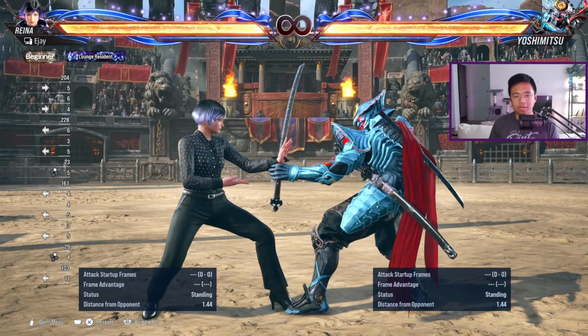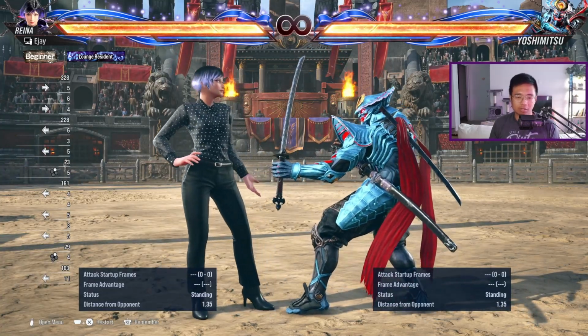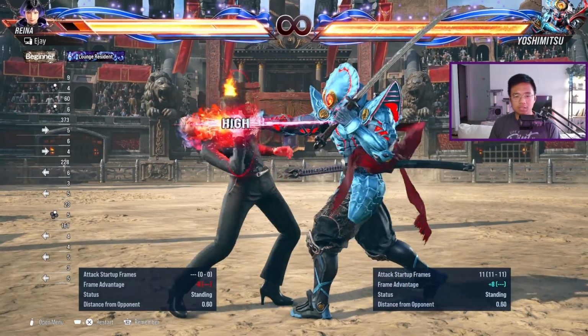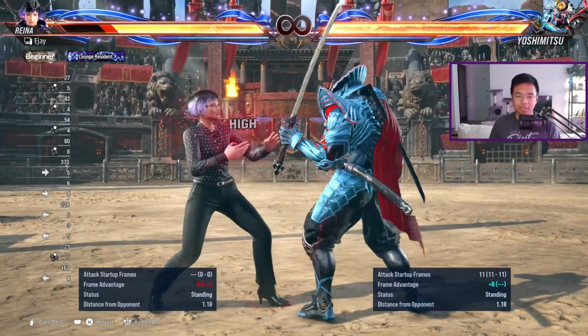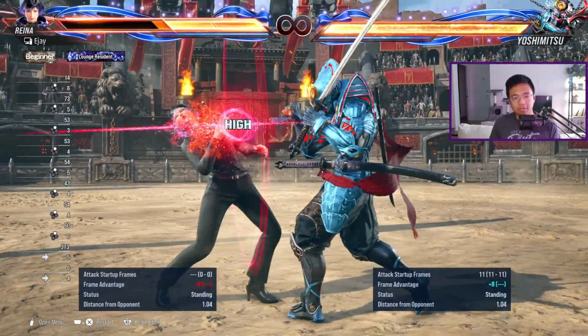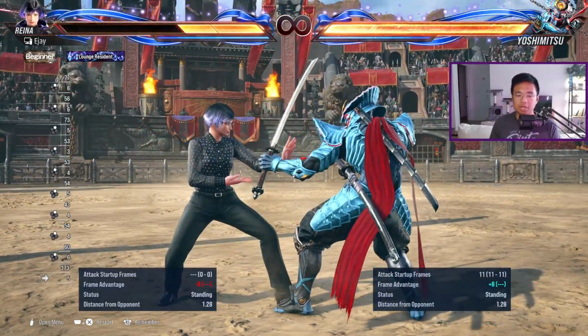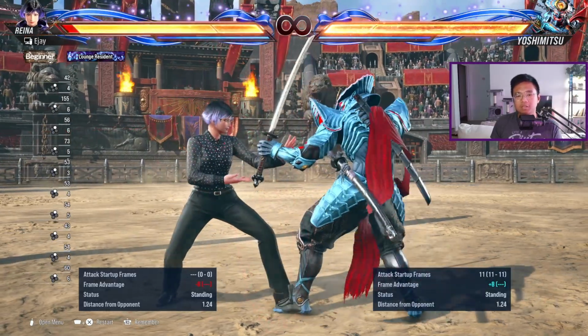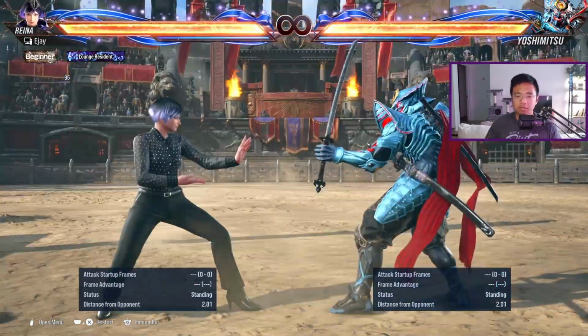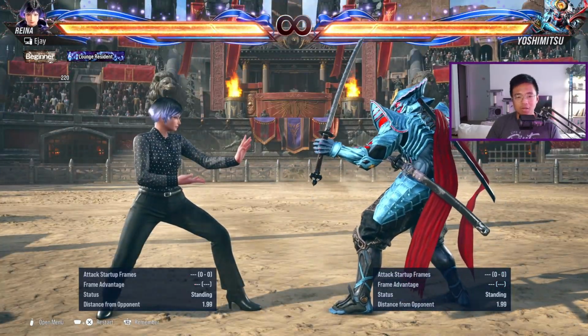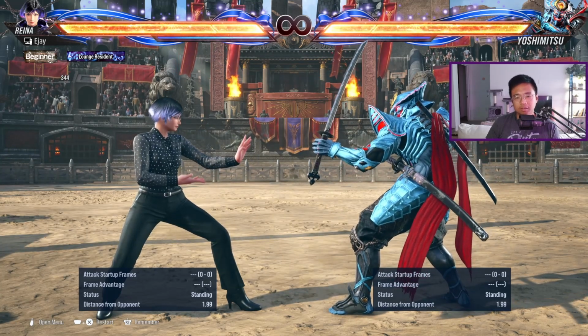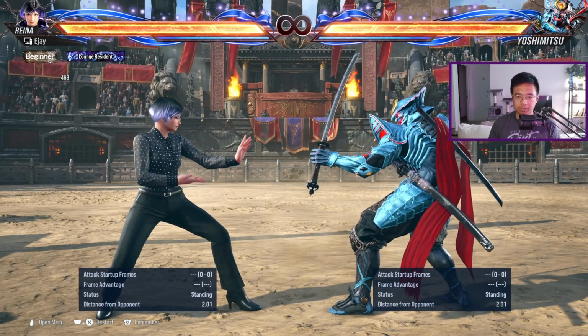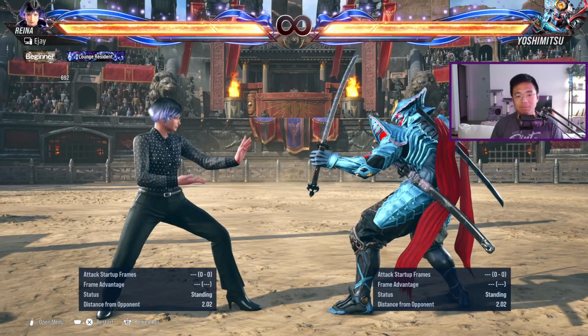So when I do their two jabs while they're close to each other, you can see that Yoshi will beat Reina every single time, because his two jab is faster than Reina's. In general, the lower the number, the faster the move is, and the higher the number, the slower the move is. So low means good, high means bad.